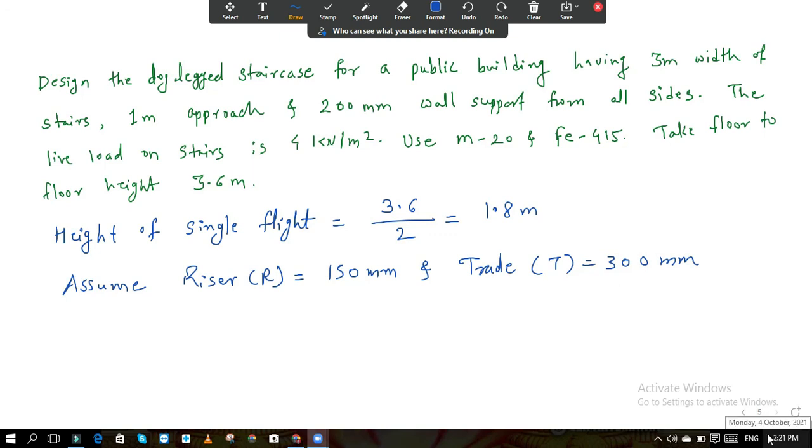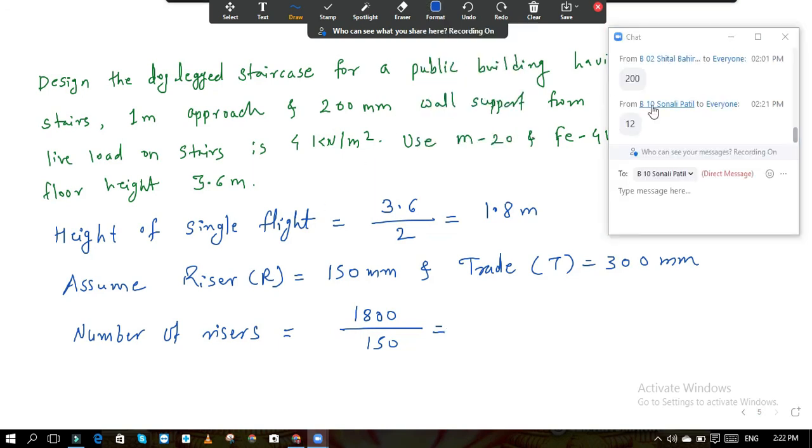So now number of risers. Calculate the number of risers. Number of risers in a single flight is equal to 1800, that is the height of single flight, divided by 150. So how much is it? It is 12.